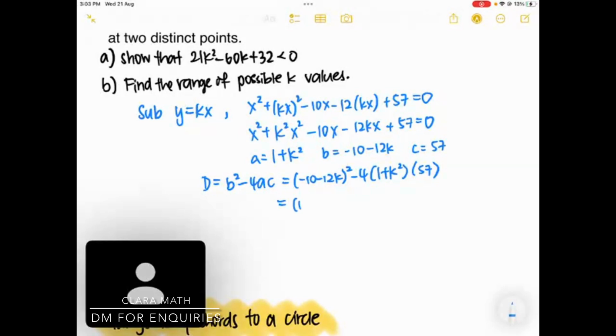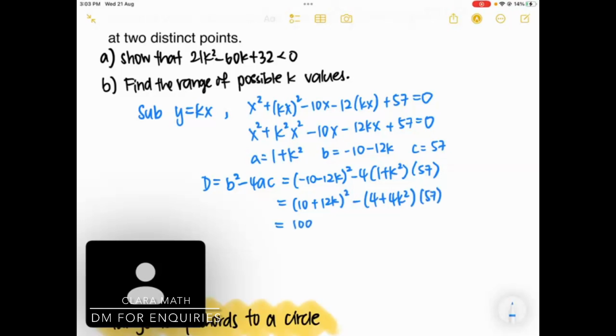So you can look at it as 10 plus 12k, squared. And then here, the number 4 only multiplies into one of the brackets, so it cannot be for both brackets. So I can multiply to the one beside it, so it will turn into 4 plus 4k squared.